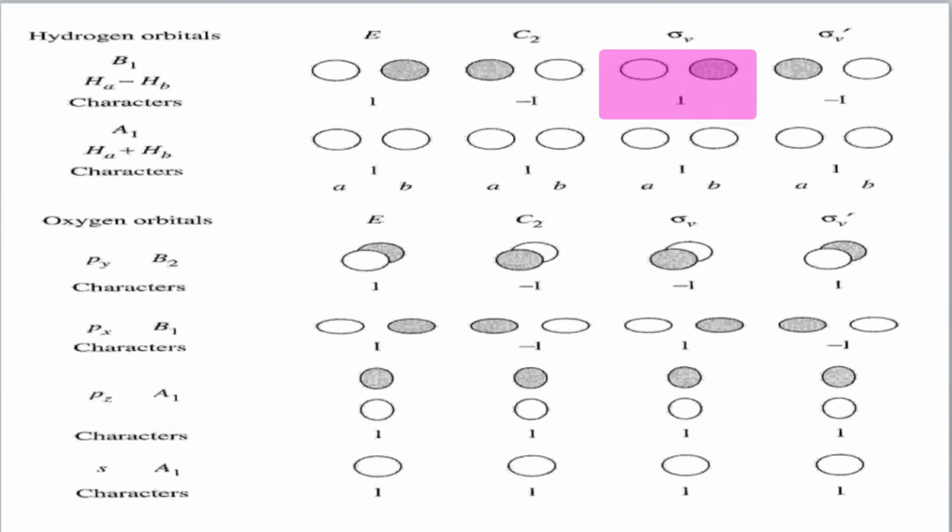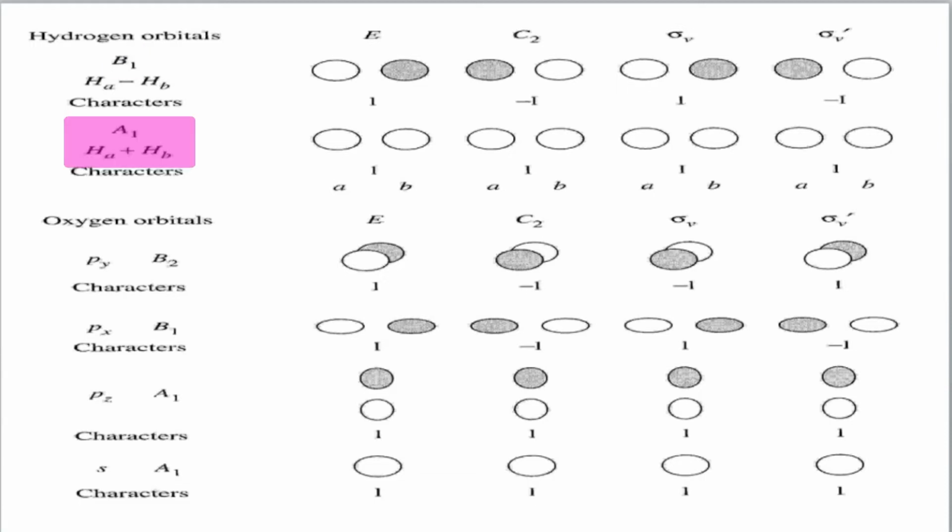Then sigma xz operation is a molecular plane operation. The positions of the wave function will not change, so symmetric, 1 mark. Sigma yz operation, the wave functions are changing position, antisymmetric, so -1 mark. So whatever the unlike wave function combination, that possibility represents B1 symmetry, which by reduction formula we have obtained.